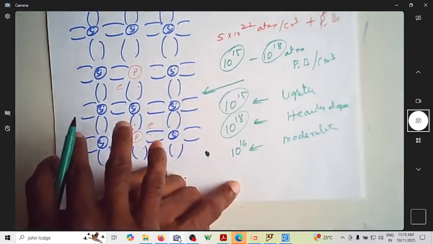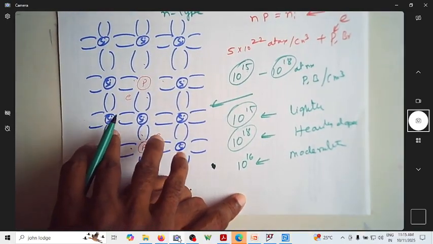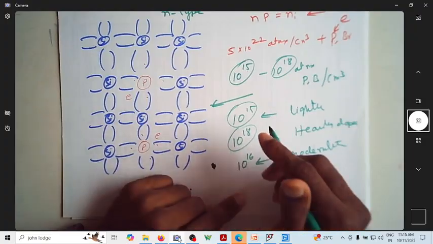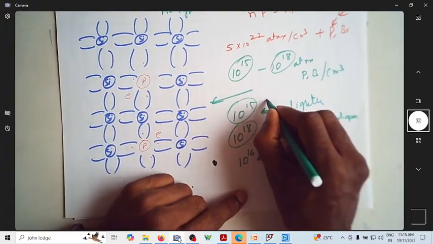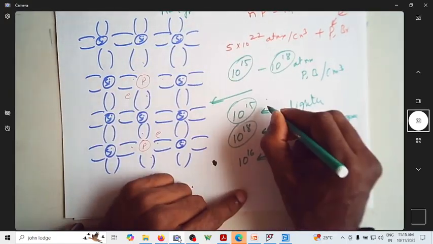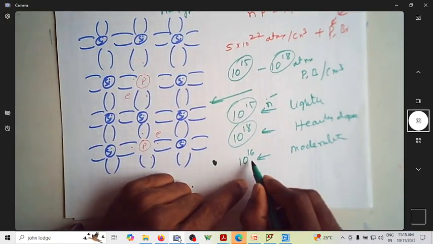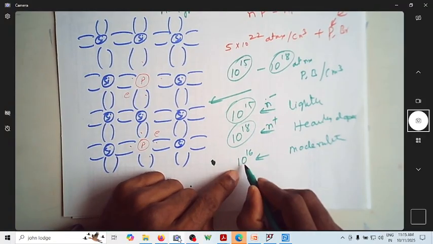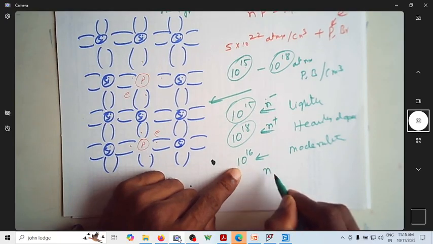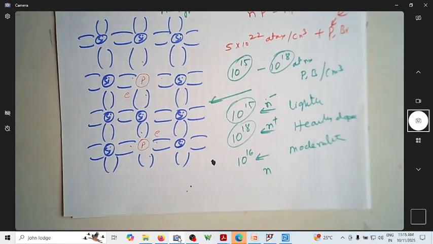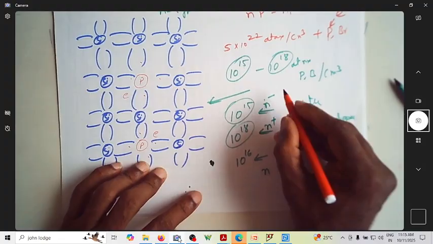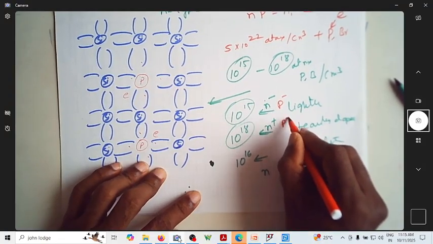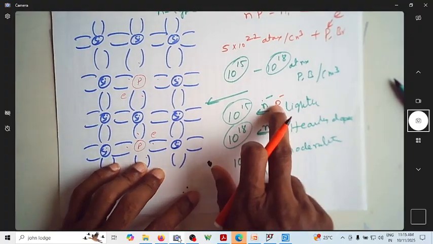So this is the doping concentration, whether you have 10 power 15 atoms of phosphorus or boron per cubic centimeter added to the silicon. If it is n type, it is called n minus. If you are adding too many, then it is n plus. If you are adding only 10 power 16, then it is n. Similarly, I can have P minus, P plus, and P. What is P minus?